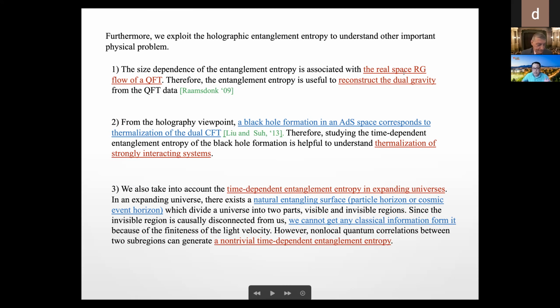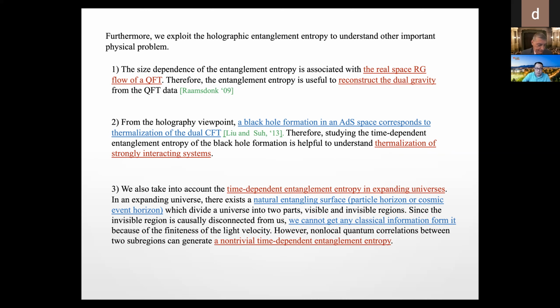The change of the entanglement entropy depending on the subsystem size is very similar to a real-space RG of the quantum field theory. Using this, we can reconstruct the dual geometry from the data of the entanglement entropy.